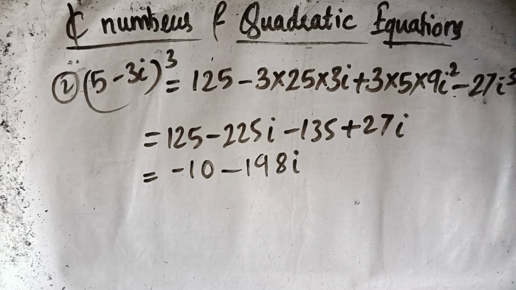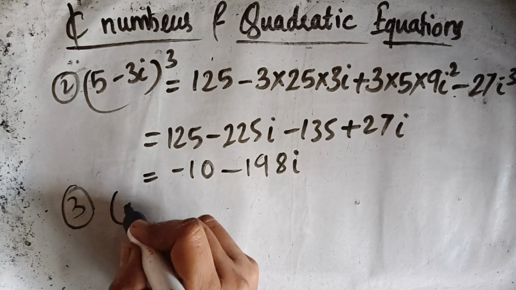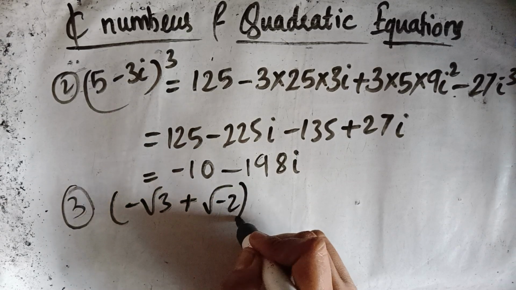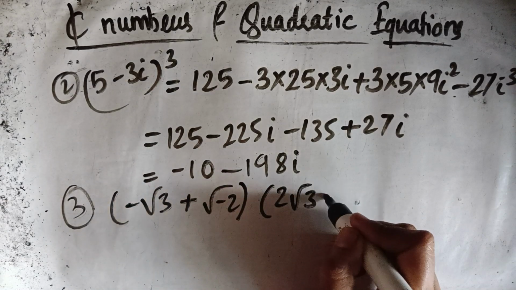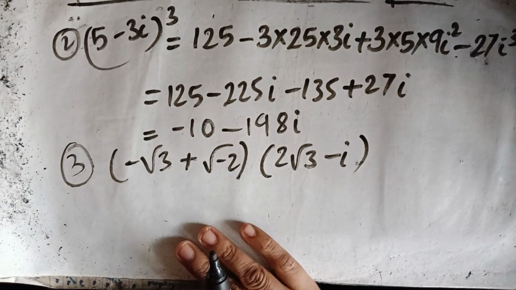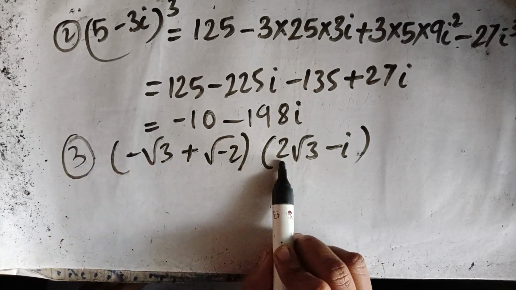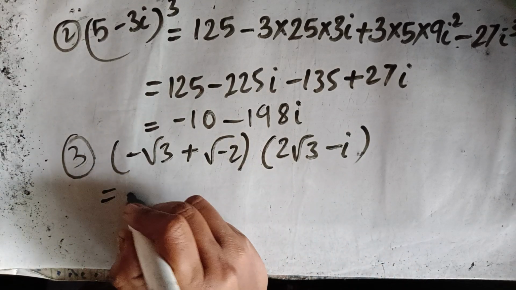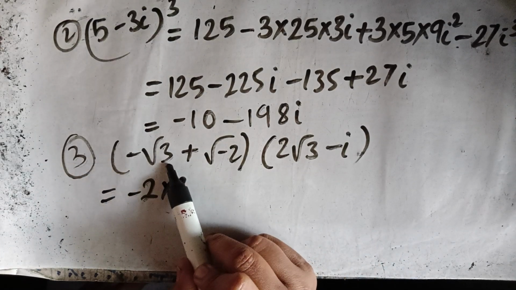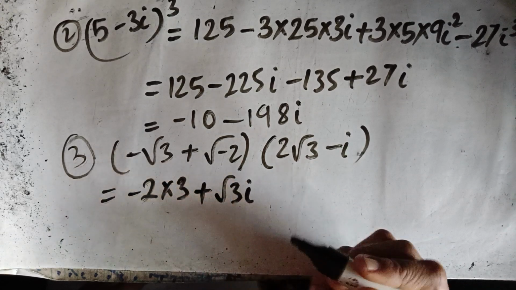Okay. Second one, you have minus root 3 plus minus root 2 into 2 root 3 minus i. Okay, so multiply this with this and this. Root 3 into 2 root 3 is 2 into 3, 6. Then root 3 into minus i is minus root 3i.